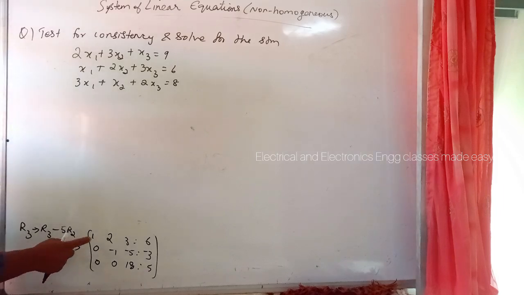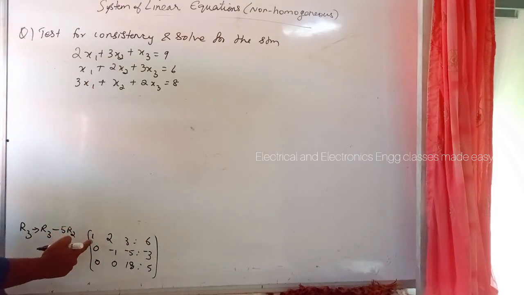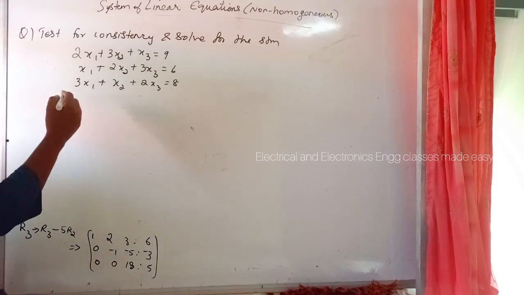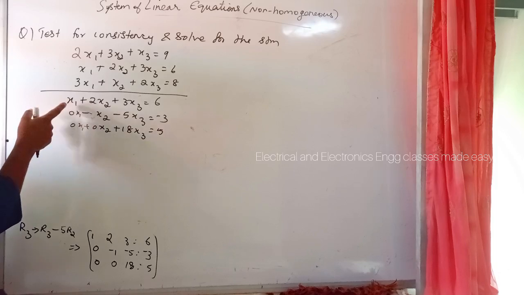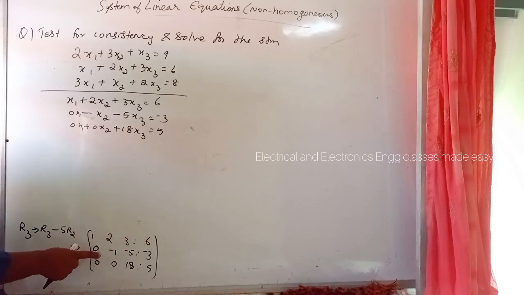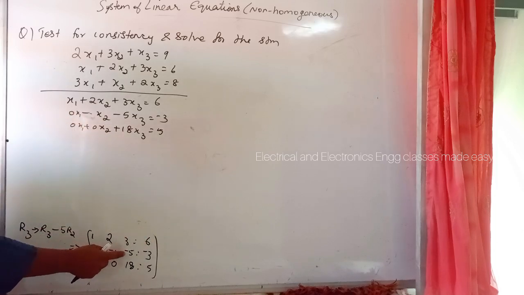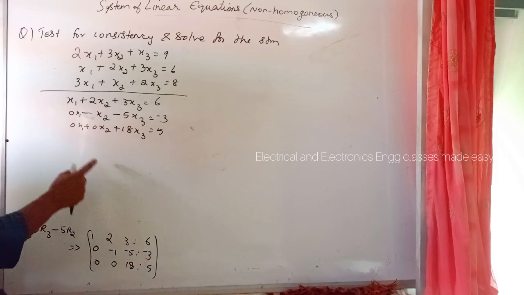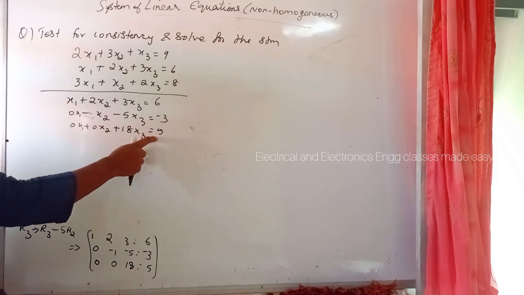This we can write in the form x1, 2x2, 3x3. So this can be written as x1 plus 2x2 plus 3x3 is equal to 6, then minus x2 minus 5x3 equal to minus 3, then here both are 0, then 18x3 equal to 5.